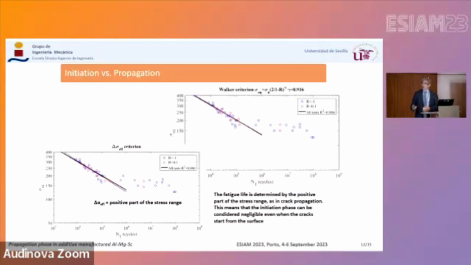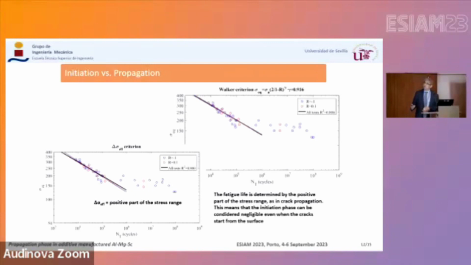So in this case, what we see is that using the positive part of the stress range makes these two very different groups of tests collapse. So what we think is that in this case, the initiation phase is almost negligible, and we can ignore this and use only a propagation model to estimate the fatigue life.